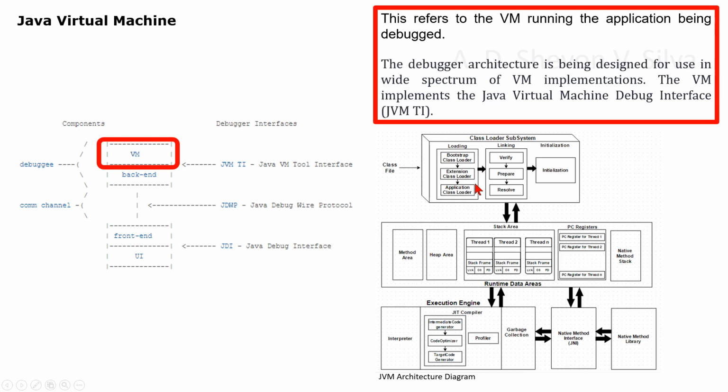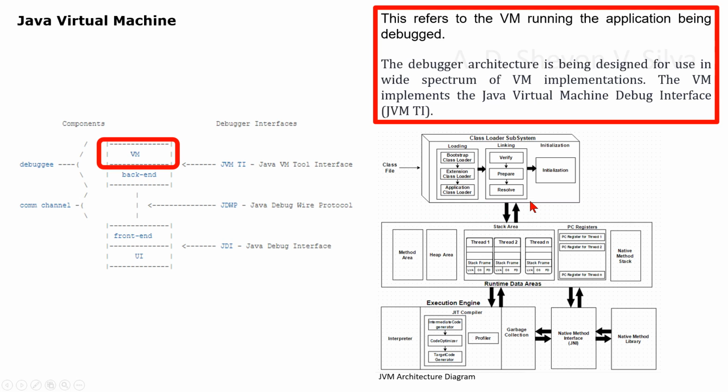Extension class loader is responsible for loading classes which are inside the ext folder, jre/lib. Application class loader is responsible for loading the application level class path, environment variable, etc. These class loaders will follow the delegation hierarchy algorithm while loading the class files.